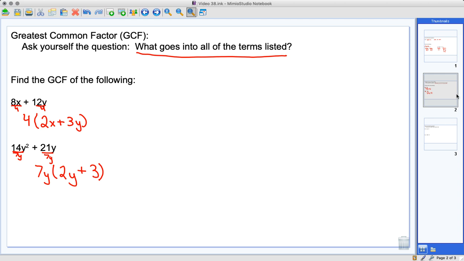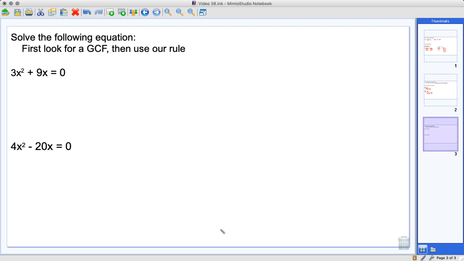All right, so we're going to take our first rule and our GCF rule, and we're going to combine them. We're going to solve the following equation. We're first going to look for a GCF, then we're going to use that a times b equals 0 rule. 3 and 9, 3 goes into both of those. Then I've got x squared plus x, so they both have an x, and I'm left with x plus 3.